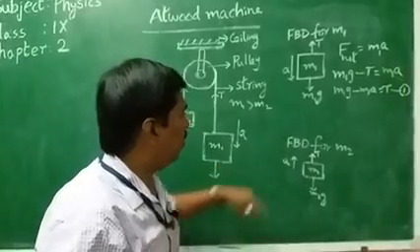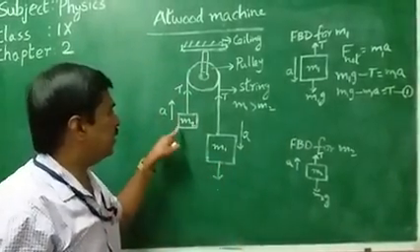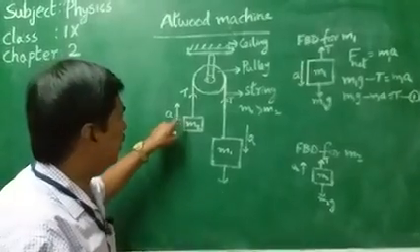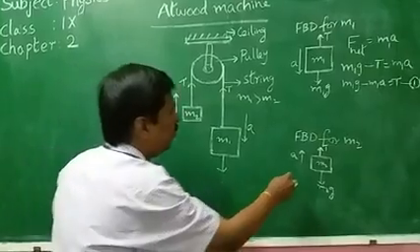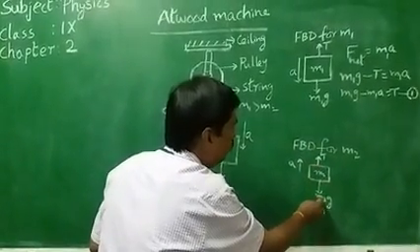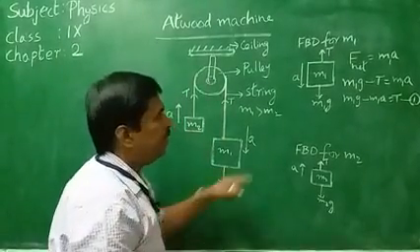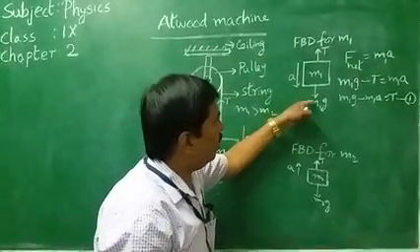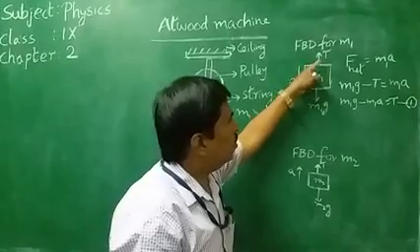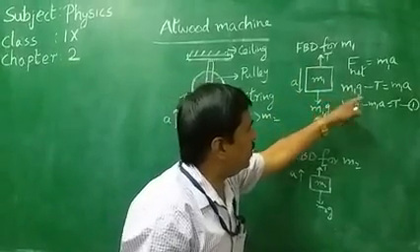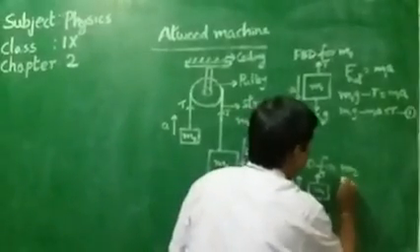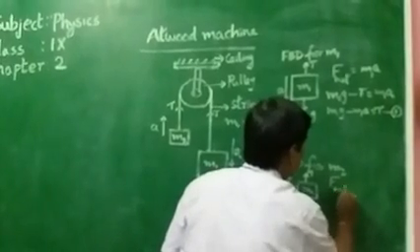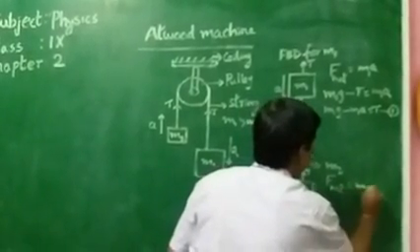Similarly, if you observe the free body diagram for the mass M2, this mass is moving upwards, and whenever it moves upwards, the tension is greater than the weight of the object. By applying Newton's second law of motion, F net is equal to mass into acceleration.